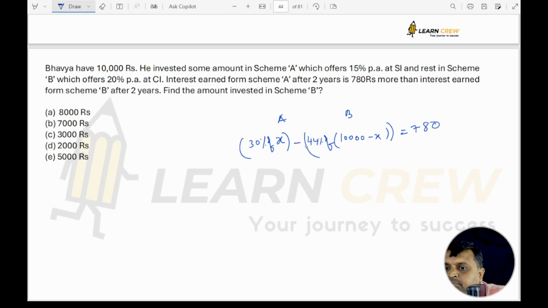30% of x minus 44% of (10,000 minus x). Minus of minus means plus, so you will get 30 plus 44, 74% of x. 74% of x is equal to 44% of 10,000, which is 4,400, plus 780. 4,400 plus 780 is 5,180.